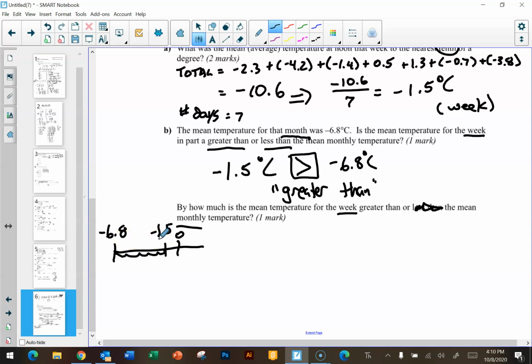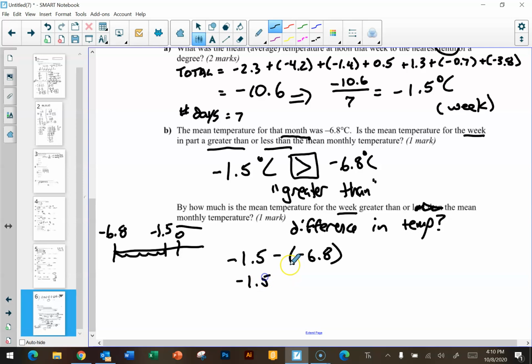If we're talking about a difference in temperature, we should probably start with the bigger number and then subtract the smaller number. So let's go with negative 1.5 minus a negative 6.8. What that is going to be is negative 1.5 plus 6.8.